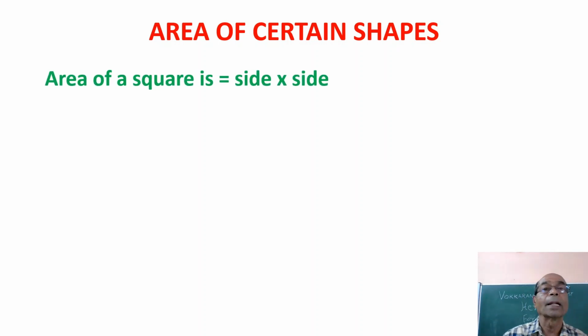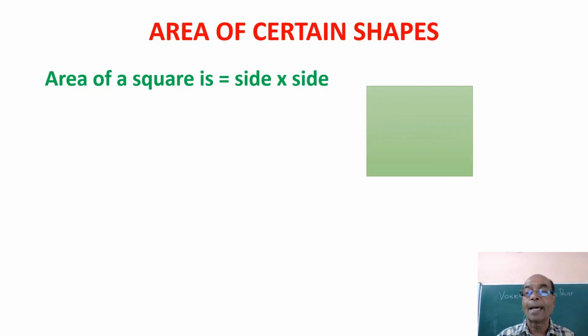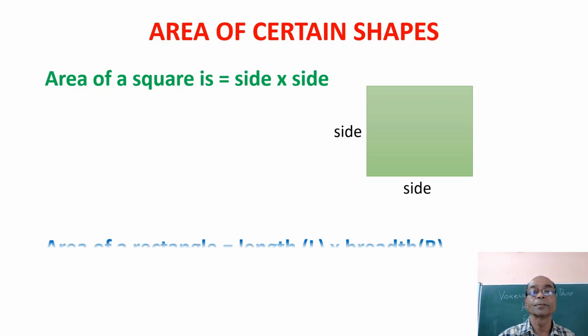For example, area of a square. Area of a square is, you all know, you have studied, side into side, because in a square both the sides are equal. Is it not? Yes. That is why it is side by side.